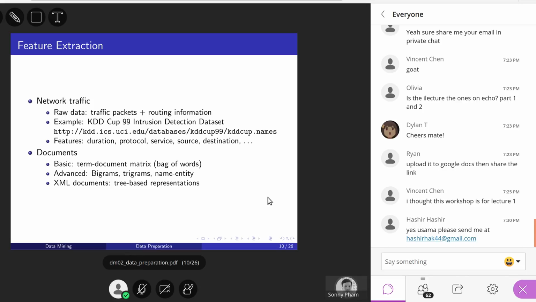Now, documents. For example, you have a basic term document matrix, which we mentioned briefly in the first workshop when we talked about the clustering of documents that belong to either science or sports. Or you can use some advanced feature extraction methods, for example, looking for bigrams and trigrams or named entities.